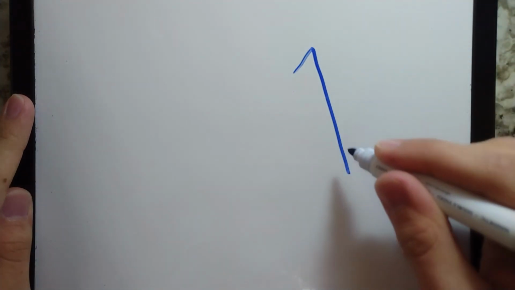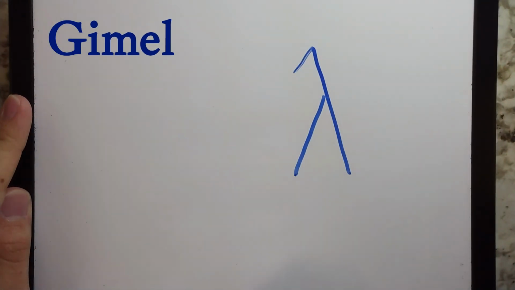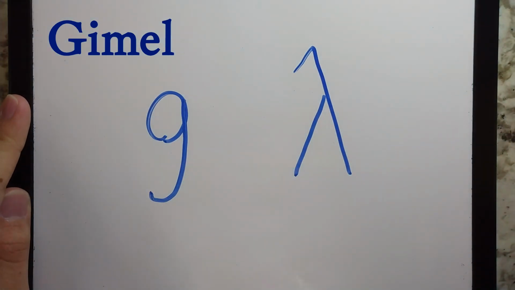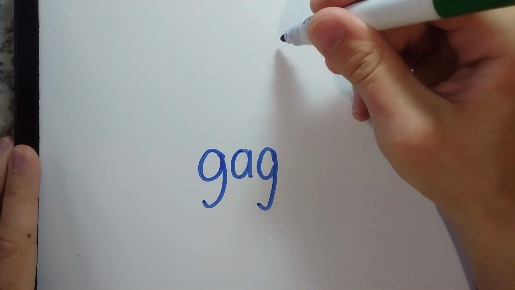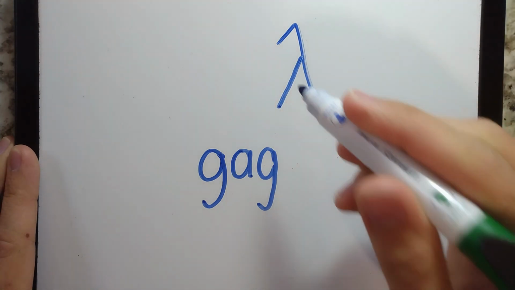Now that we've reviewed those two letters and the dagesh, let's learn the third letter of the Hebrew aleph-bet, which is Gimel. Gimel makes the g sound. Gog is the word which has two gimels. It begins with a gimel on the right side of the page, g.